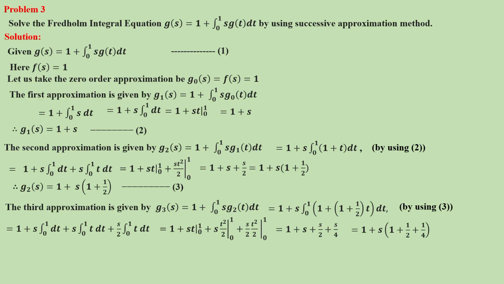That is why we are keeping the numbers as they are. So therefore g3 of s is equal to 1 plus s into 1 plus 1 by 2 plus 1 by 2 square. So automatically the next is 1 plus 1 by 2 plus 1 by 2 square plus 1 by 2 cube, for g4. So easily you can write the other approximations, that is equation number 4.